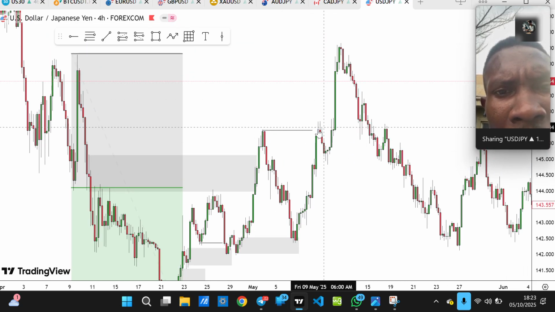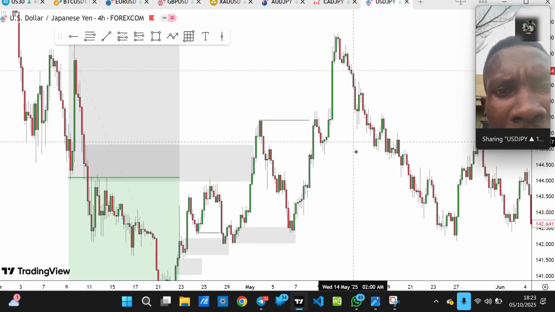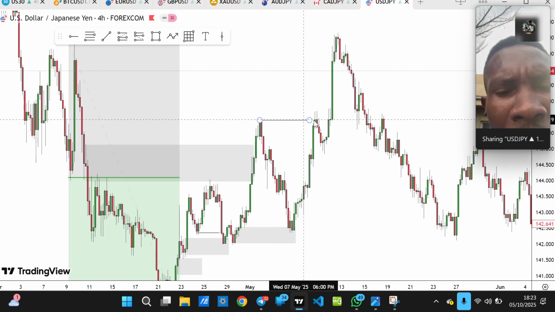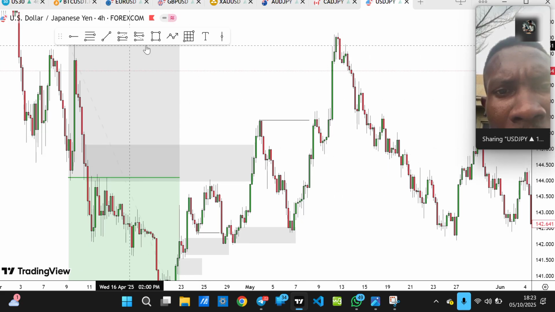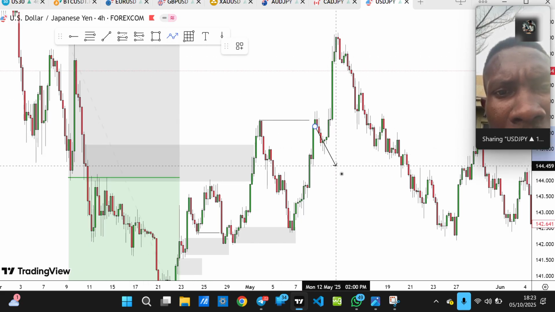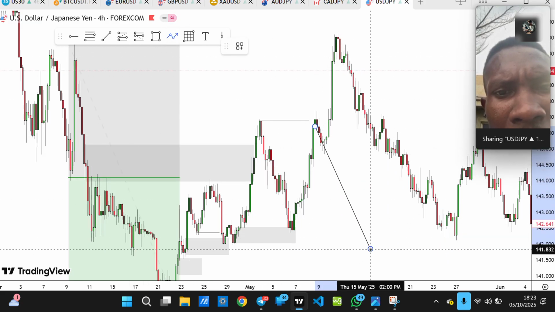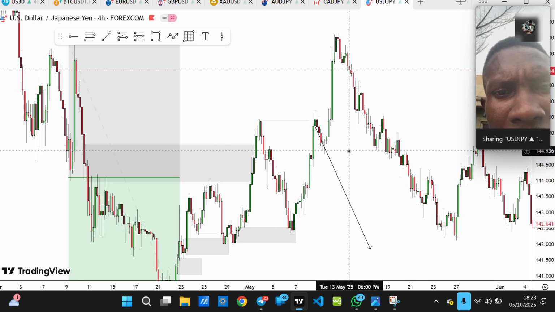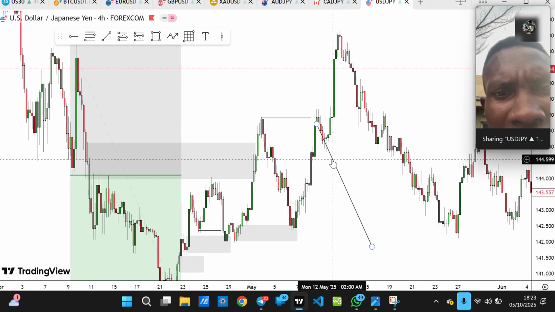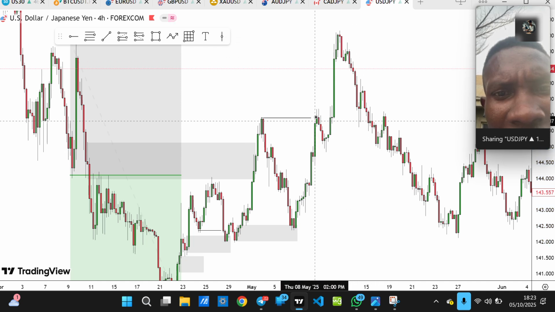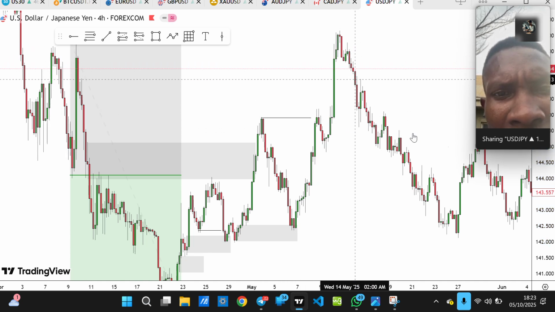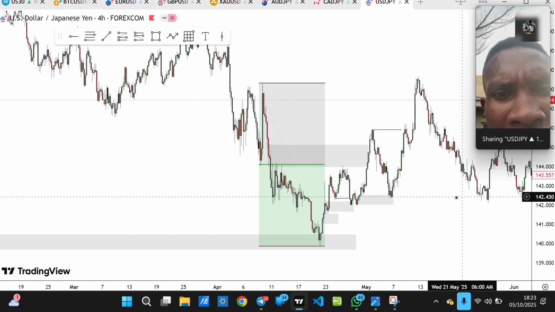But if we took out this high and then price started reversing back from this leg downward, then that is not a break of structure. So if we are able to take it out and we are still able to continue in the direction that price is aiming for, then a break of structure has occurred there.